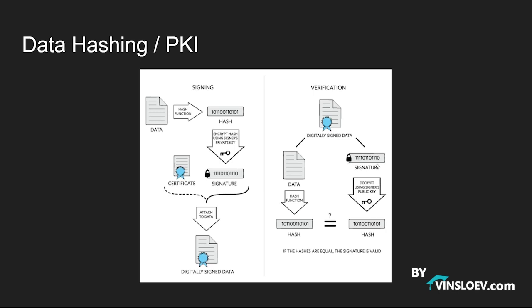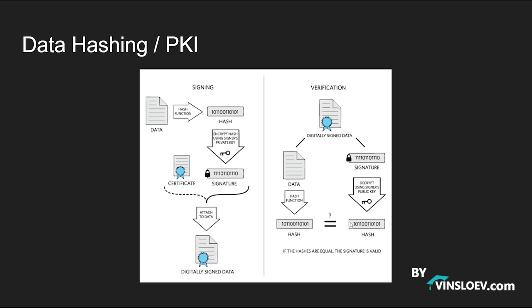Then he will use our public key to decrypt our hash value, then use his own private key to decrypt the data, then take the hash of the data he received and compare it with the hash that we sent him. If these two match, then he knows that this file was actually from us and not from somebody else.